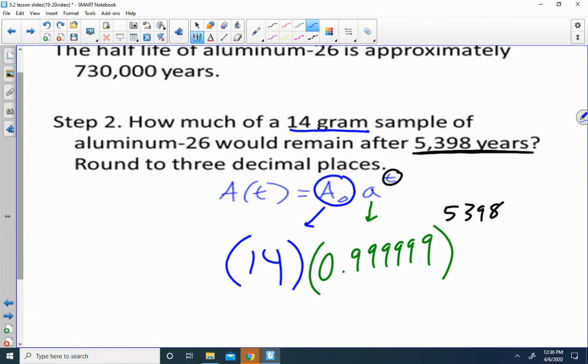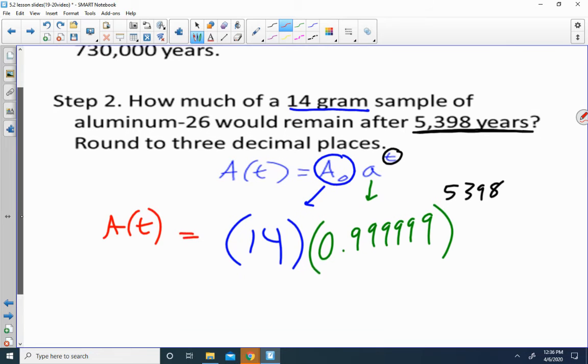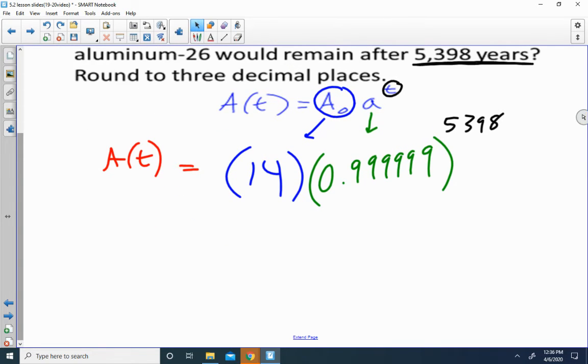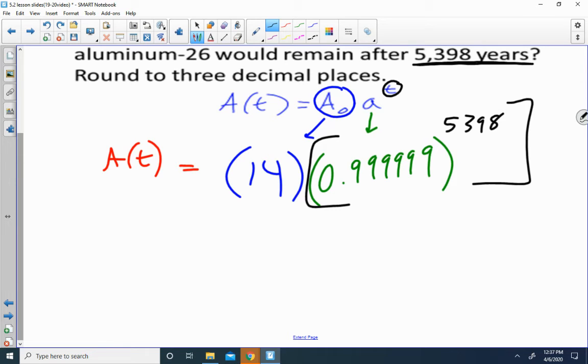So after that many years, how many grams will we have left over after some decaying? And again, you do exactly what we did on the last example with radium. First, according to PEMDAS, you gotta do powers first. So little a to the power of that.